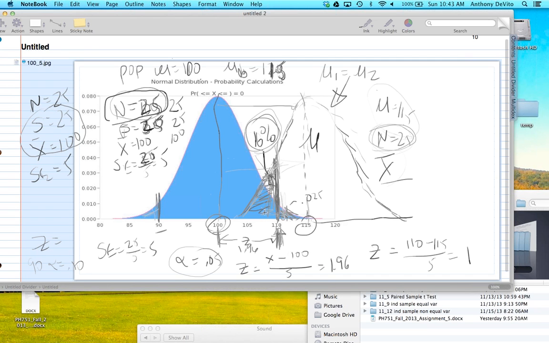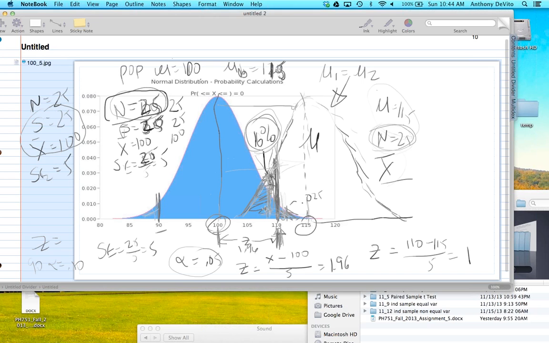So 0.1 would be an area of 0.05, which would move us over to here. So the probability of being wrong if I reject my null hypothesis is now 5% at the top. It moved this to the left. So the probability that I would get, out of this population, a mean from a sample of 25 that's less than what I need to reject is smaller than it was before, smaller than 16%.